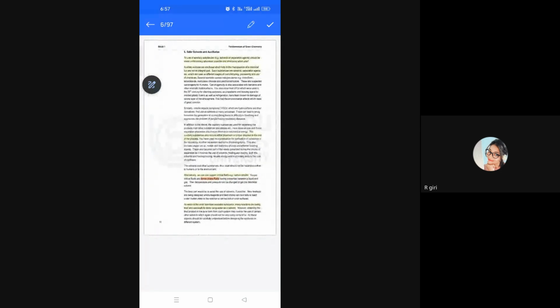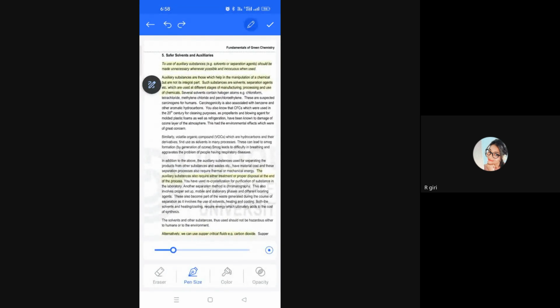After discussing these points, the next one, number five, is safe solvents and auxiliaries. What type of solvent, what type of other reagents you are using, this should be safer, meaning toxic free.